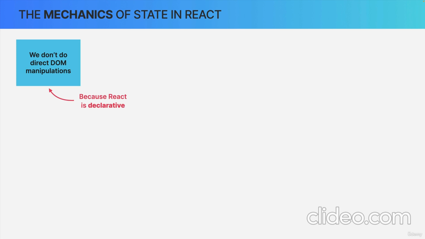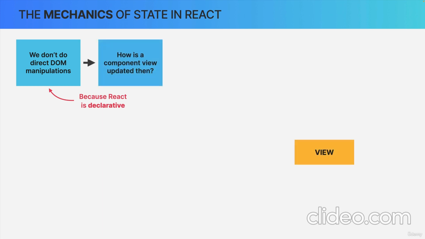So React is declarative, not imperative. And so we never touch the DOM in our code. But if that's the case, then this leads us to the question of how do we update the component on the screen whenever some data changes or whenever we need to respond to some event like a click.